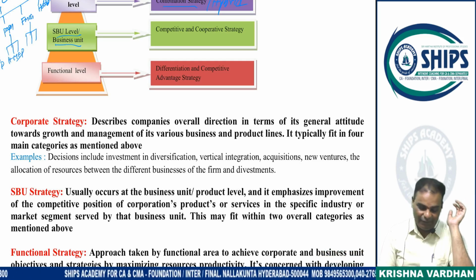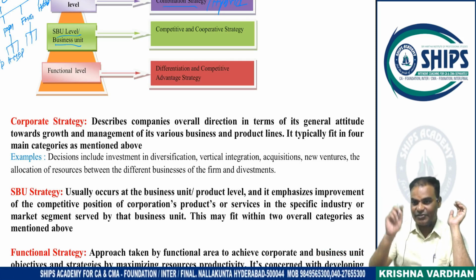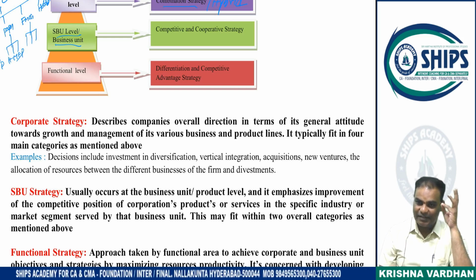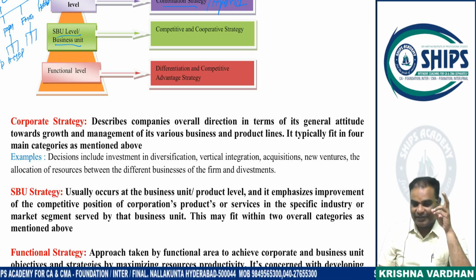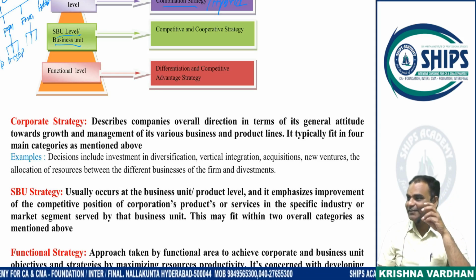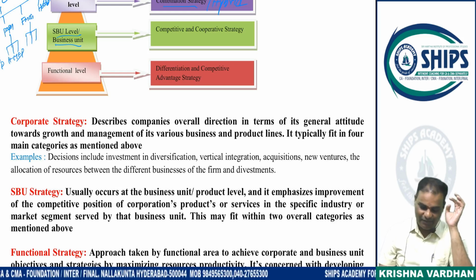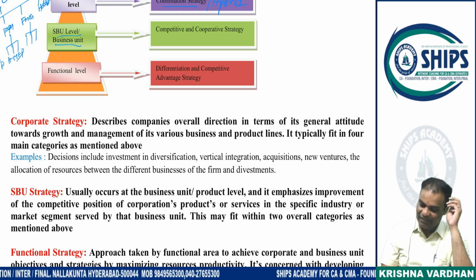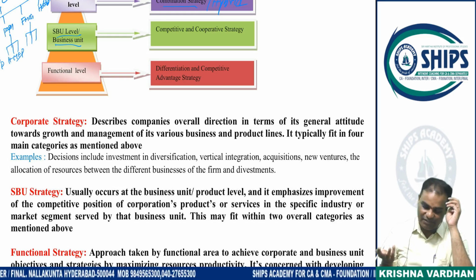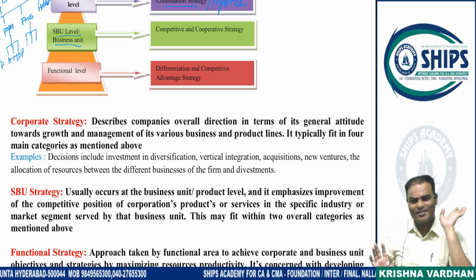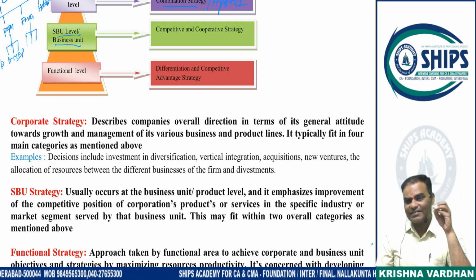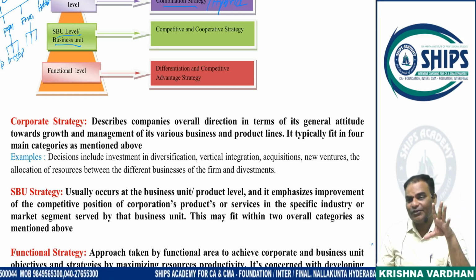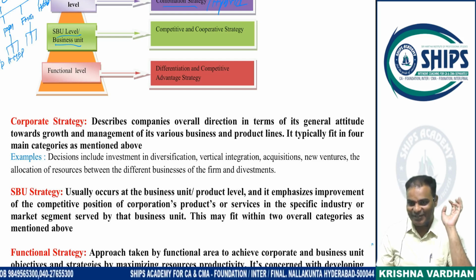It typically fits into four main categories as mentioned above. What are they? Expansion, retrenchment, stability, hybrid or combinational. These decisions include investment in diversification, vertical integration, acquisition, new ventures, allocation of resources between various functions, etc. All these are the various examples you can quote for corporate strategy.